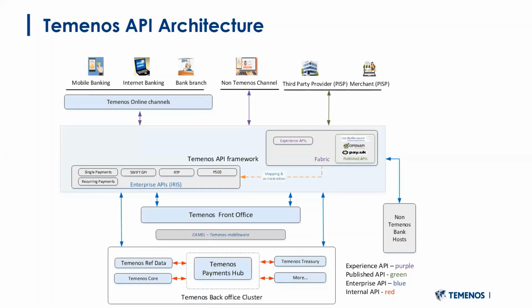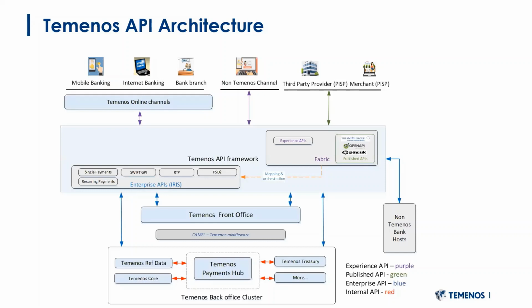So all of them are hosted here. Whereas the Fabric hosts experience APIs. I can't name them because that's dependent on the channels. Also the published APIs, such as Berlin Group, UK Open Banking, or the RTP Pay UK scheme. So these are the published APIs, and they are in the Fabric.